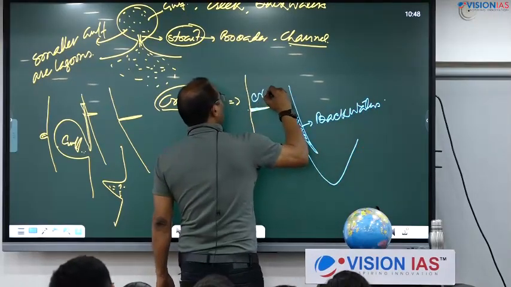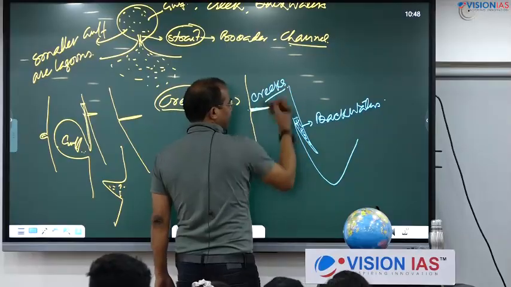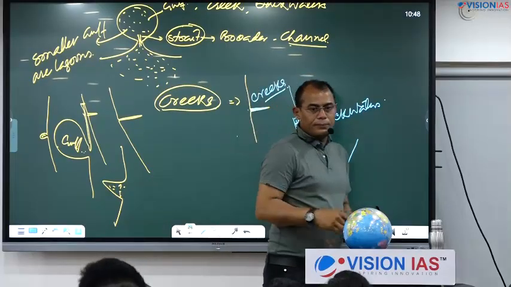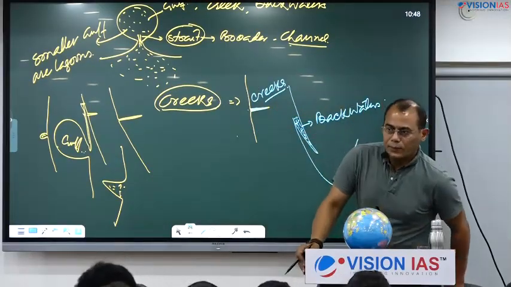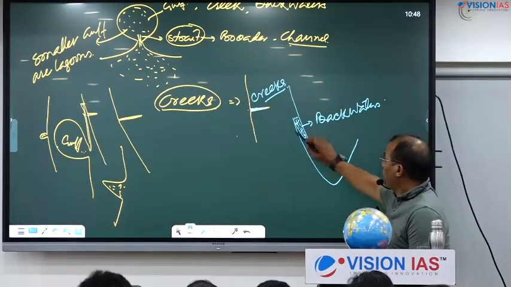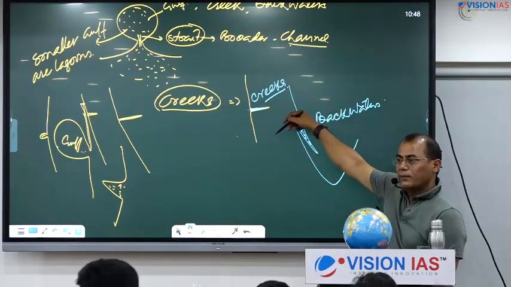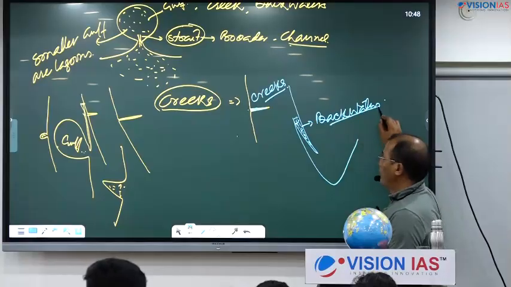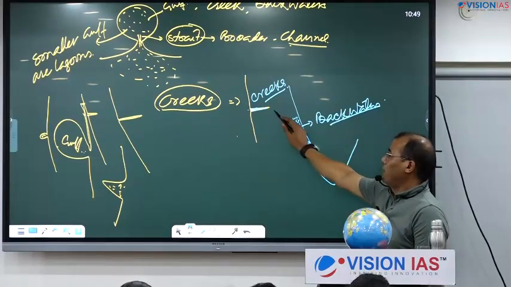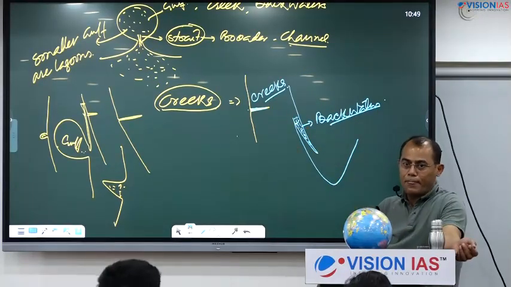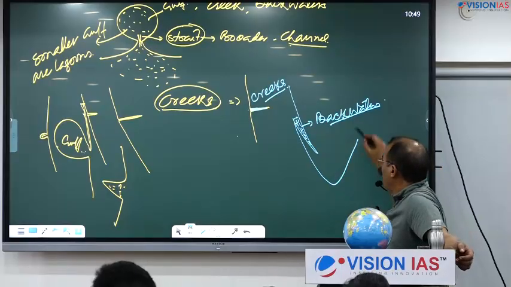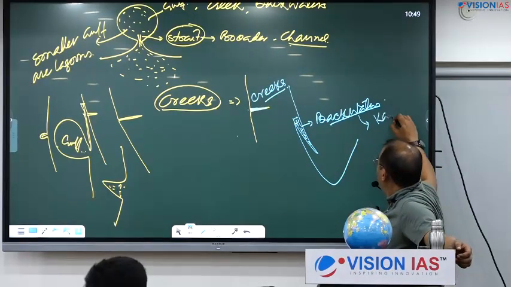Backwaters, creeks. Water coming from the back. Kerala is very famous for backwaters. Gujarat is very famous for creeks. Backwaters in our case are called Kayals.